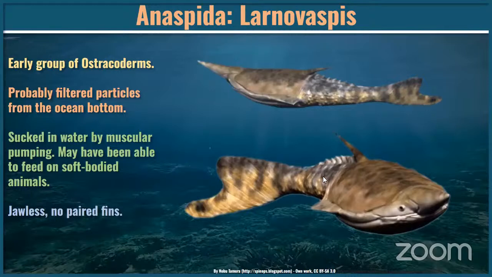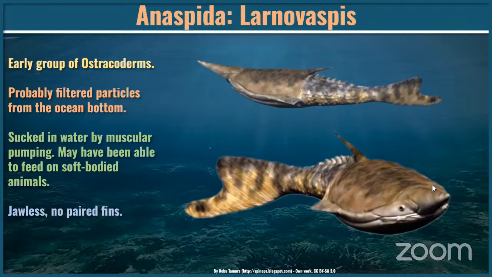Here are some more ostracoderms. These were probably filtering particles on the ocean bottom, possibly scooping them up. Possibly somewhere in between a filter feeder and a short-toothed deposit feeder. They may have been able to feed on some soft-bodied organisms. These ones are still jawless.